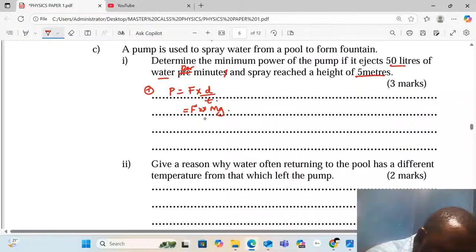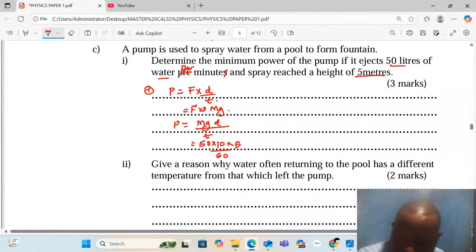Now power is given by mg d over t, which will be 50 kilograms times 10 newtons per kg times 5 divided by 1 minute, which is 60 seconds.